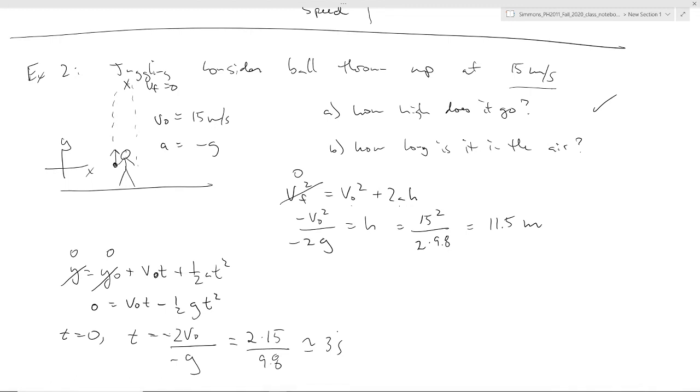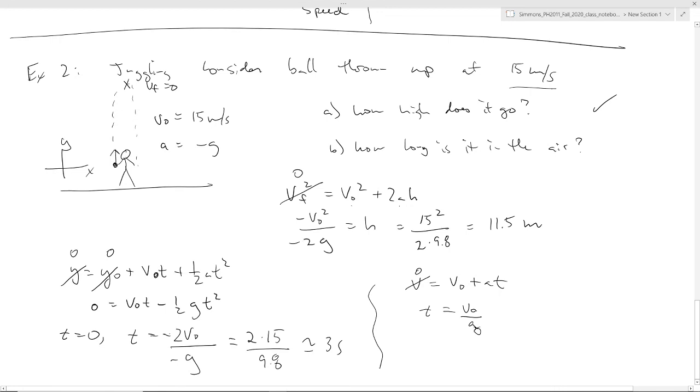So that's one way. Another way that you could go about this is to just say, okay, how long is it going to take to get to the top? And use our simpler expression where we know the initial velocity, and we know, like I mentioned, the velocity at the top is going to go to 0. So if you solve this for time, you just get time is v naught over a.